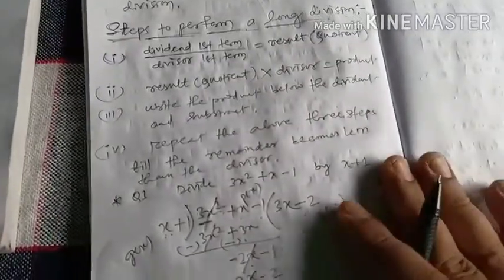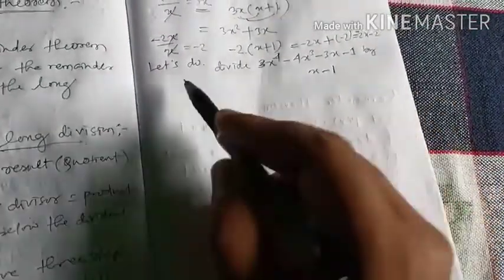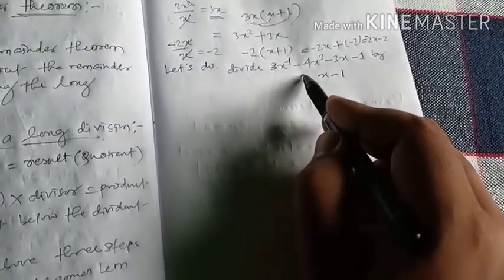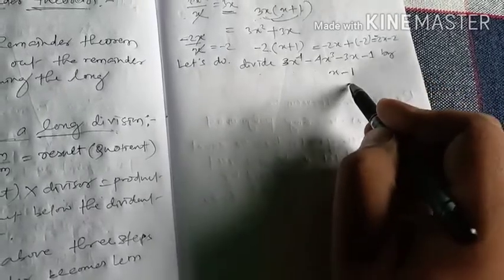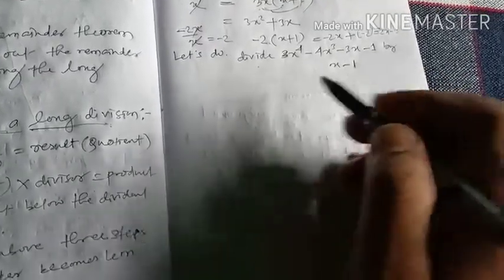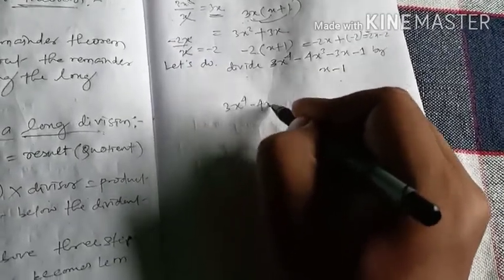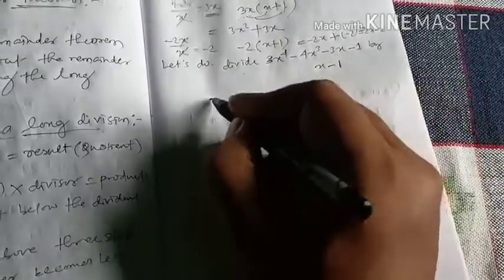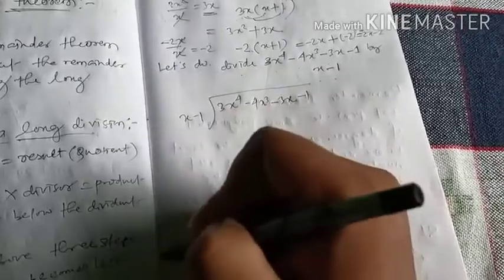So students, let us perform another long division. The question is to divide 3x fourth minus 4x cube minus 3x minus 1 by x minus 1. Here we will write 3x fourth minus 4x cube minus 3x minus 1 as the dividend, and x minus 1 as the divisor.